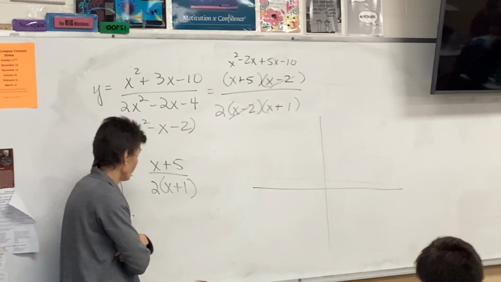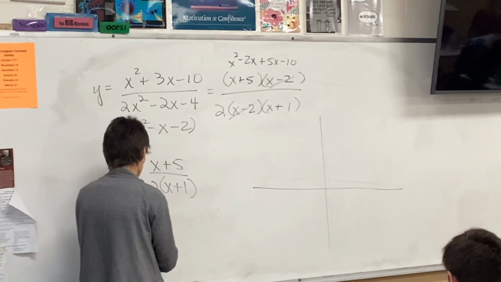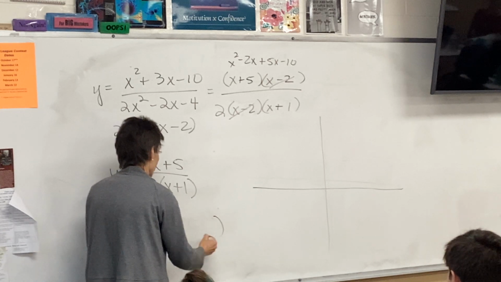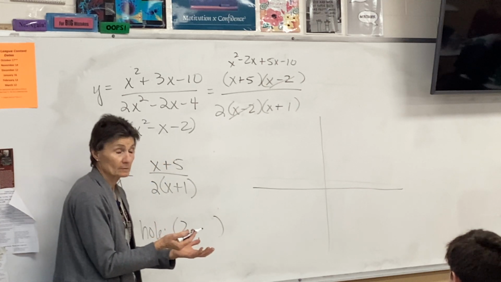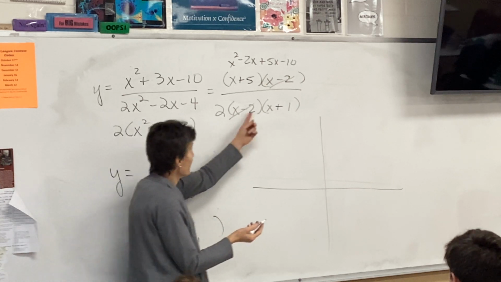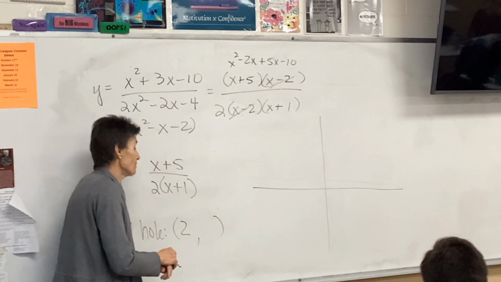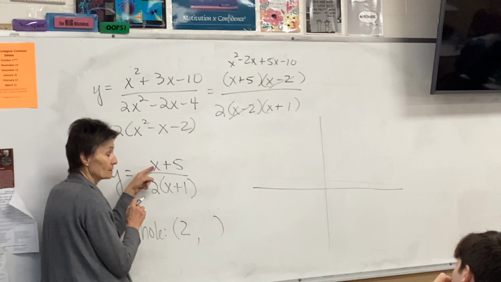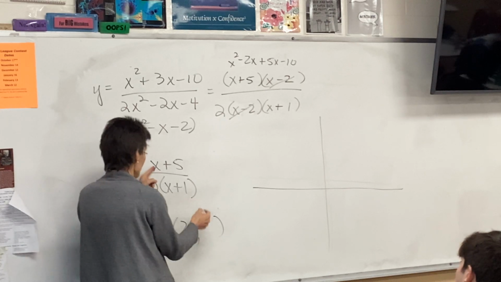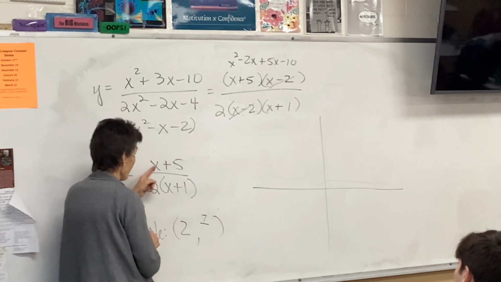Hole. We're gonna have a hole, and that hole is going to be where? It's going to be at 2 comma something, because that's what I canceled out. And the something is gonna be what I get when I put 2 back in here. So when I put 2 in there, I'm gonna get 7 on the top.